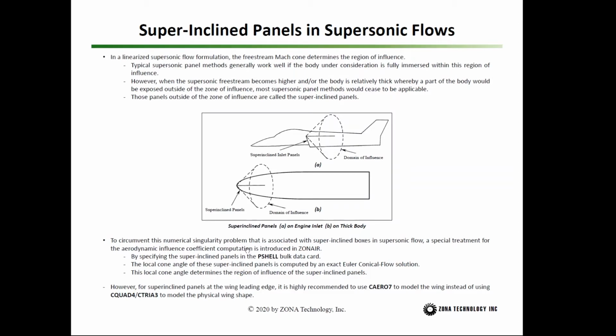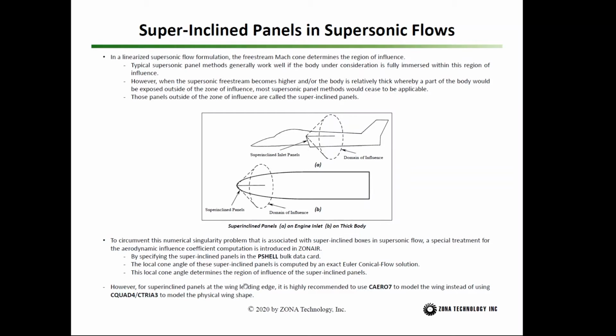Typically you have a super-inclined panel when you put the panels on the winglet face or on the engine face. Because the engine face usually has a large inclination angle, in supersonic flow you can easily encounter the so-called super-inclined panel.